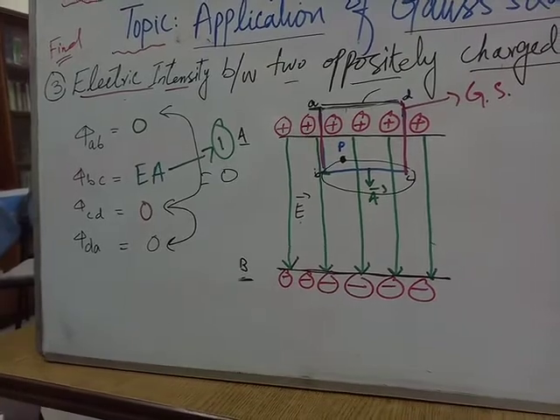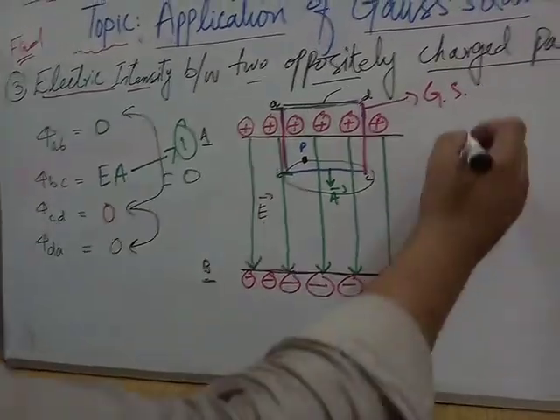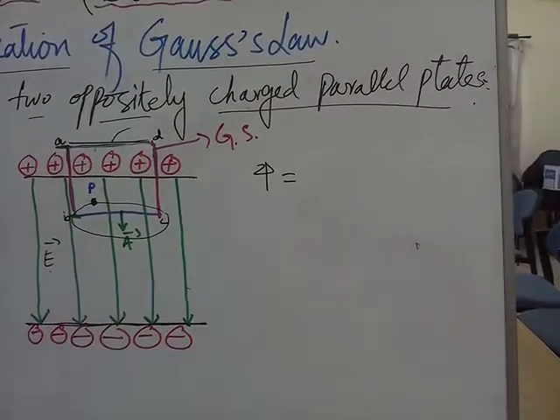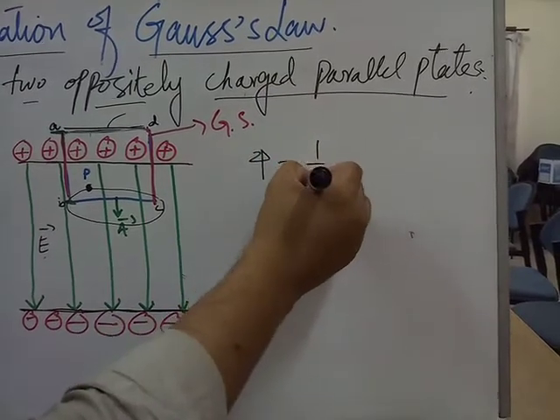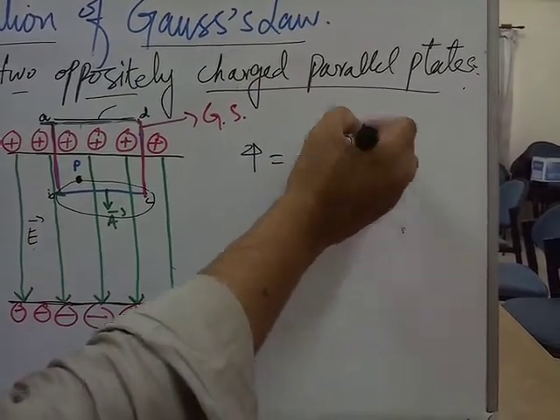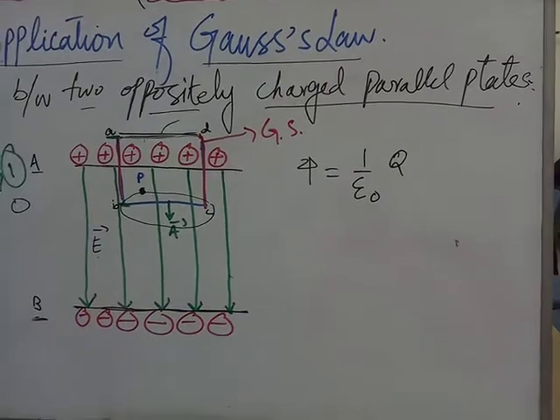Now I am going to discuss flux by Gauss's law. We can say that it is equal to 1 over epsilon naught times the total charge enclosed.